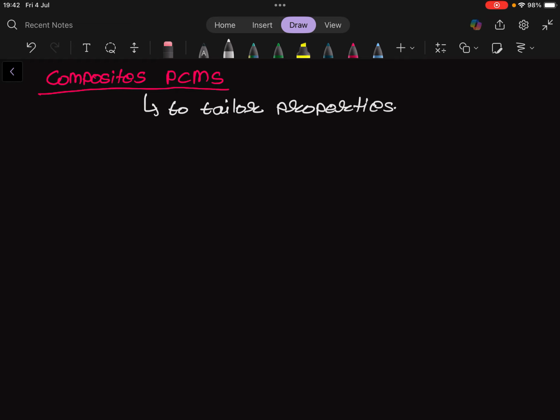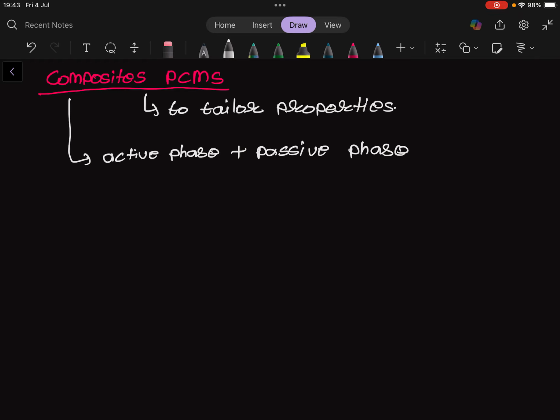Composite PCMs are materials which have an active phase and a passive phase. So we have more than one phase, and one of the phases acts as PCM. So it's another way of having encapsulation.